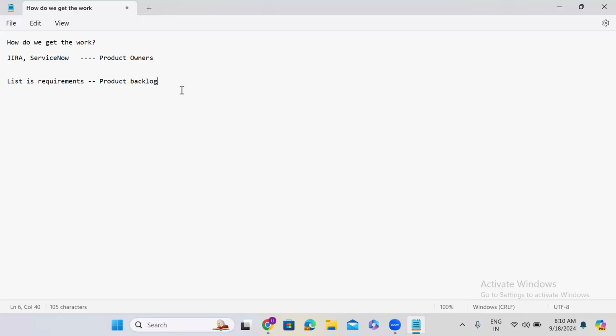So guys, remember, product owners will create the requirements in Jira or ServiceNow. Those lists of requirements are called product backlog.